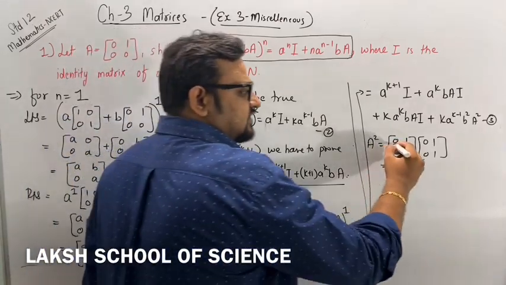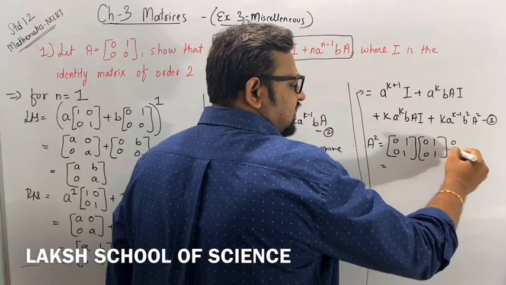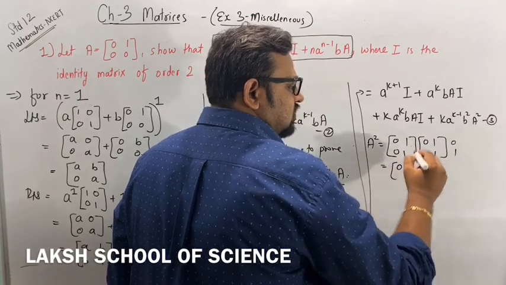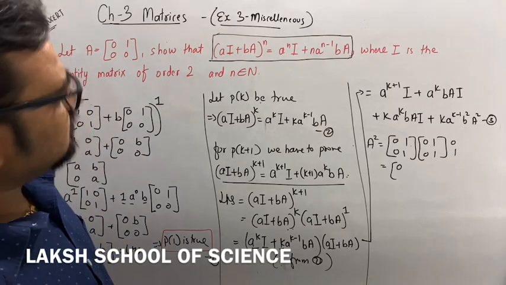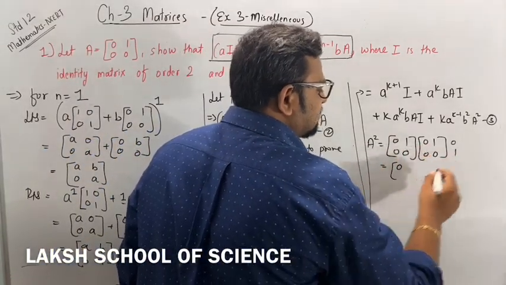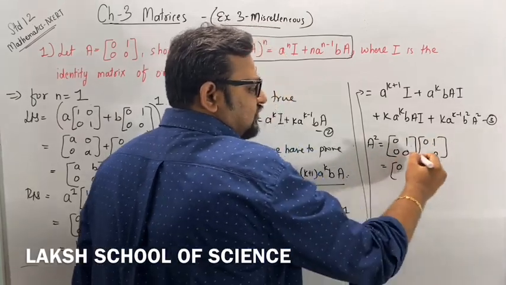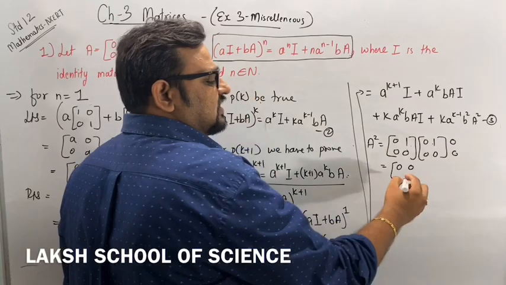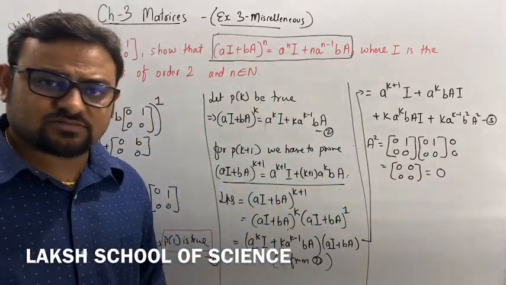First, take this row. 0 into 0, 0 plus 1 into 0, 0. 1 into 0, 0 plus, sorry, it's 0. My mistake. 1 into 0, 0 plus 0 into 1, 0. Now second row, 0, 0. Obviously, we will multiply it with 0. So this is a 0 matrix.